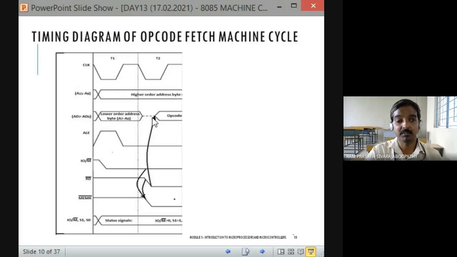Why is it happening? ALE low. Correct? What does it mean? Now it is going to function as a data bus. The direction of the bus is getting changed. First the address went from CPU to memory. Now the direction of information is from memory to CPU.